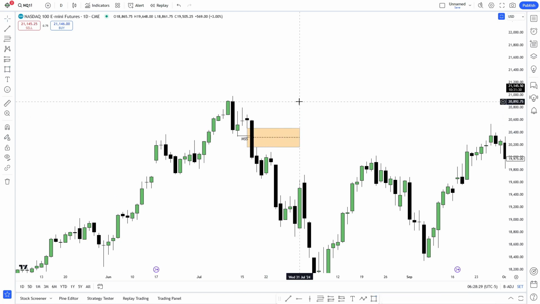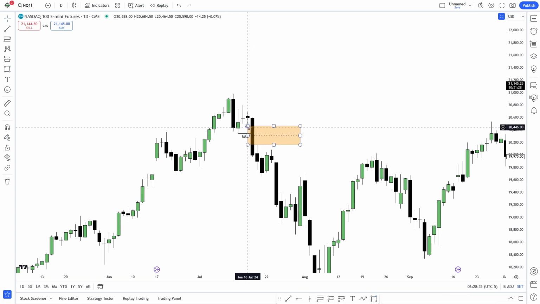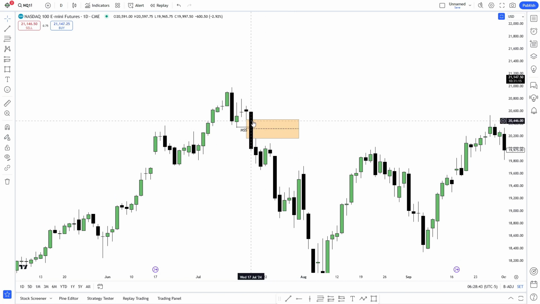With fair value gaps, all it is, is an inefficient delivery of price. We only delivered price on the downside, and we left behind a gap, meaning that this was inefficiently delivered, and the market will look to come back into this gap to make sure that price is efficiently delivered.